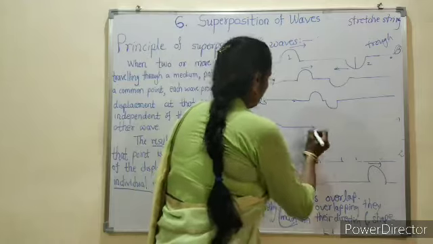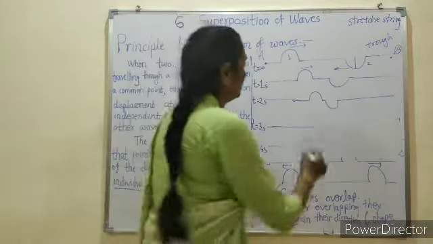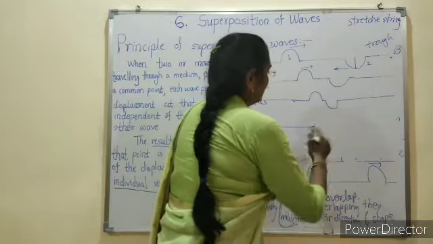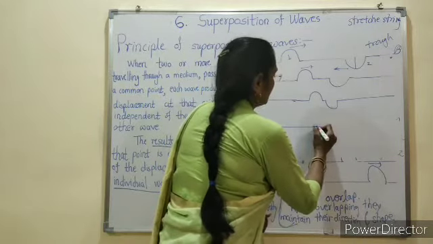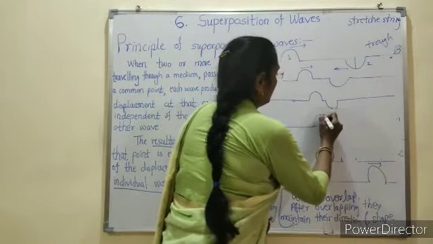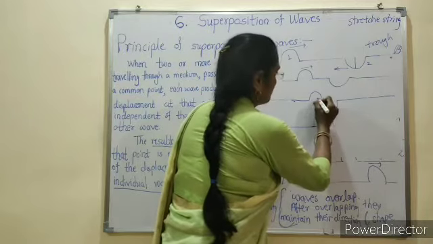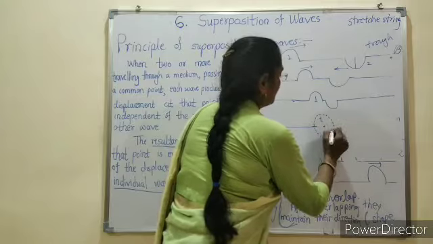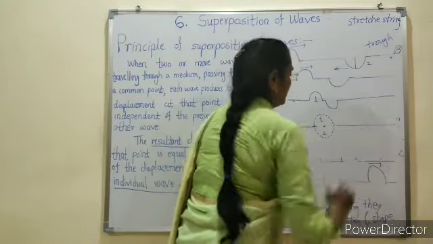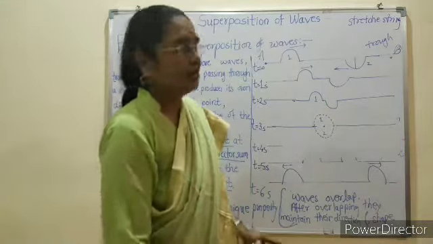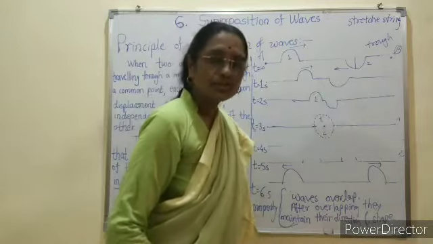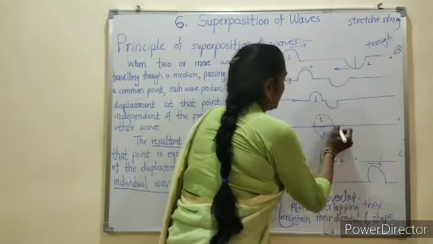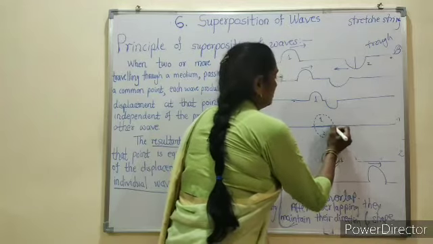Now in the next event of 3 seconds, at a certain point, here the first pulse is there, the second pulse is there, one is a crest, the other is a trough, but the effect is shown by this full line.